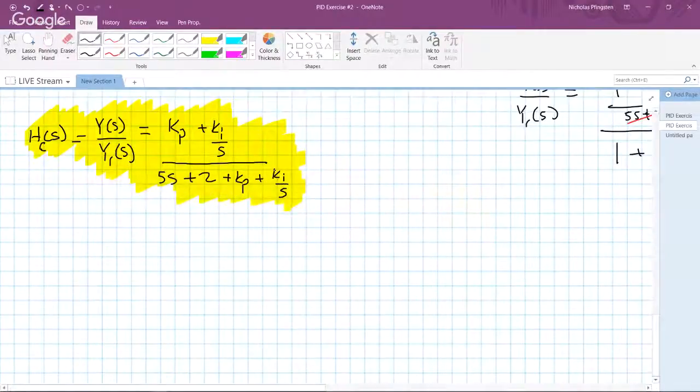So we're going to multiply the top and bottom by s, and what that'll do is it'll get rid of that s in the denominator of k sub I. We do that.